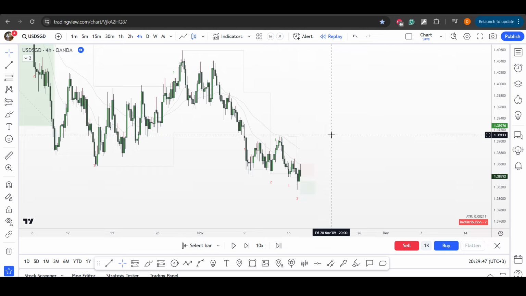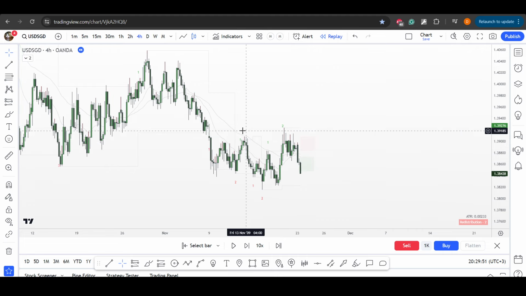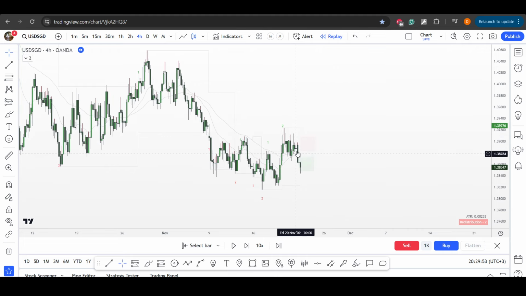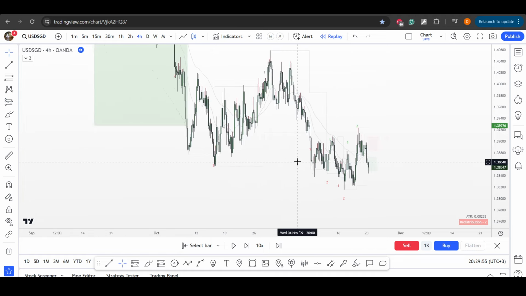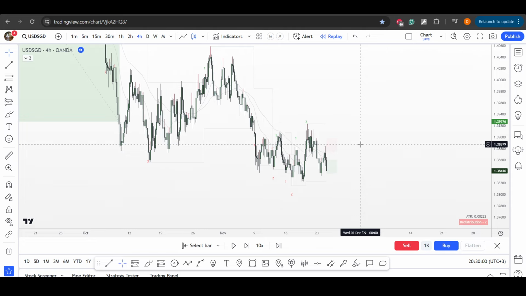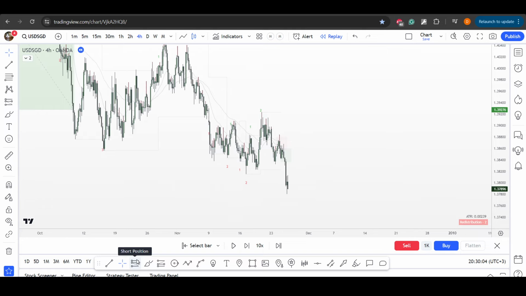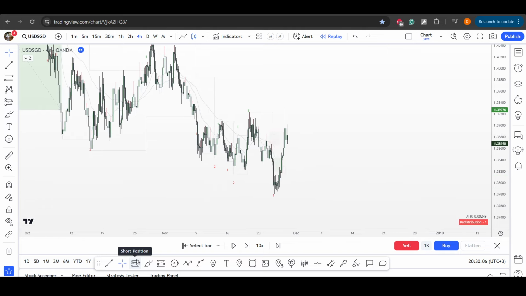Didn't want to do it, and I think I missed the trade. So we now taken this, and we have impulse correction impulse, but now we broke the low itself. So you know, I'm still waiting. Okay, great.